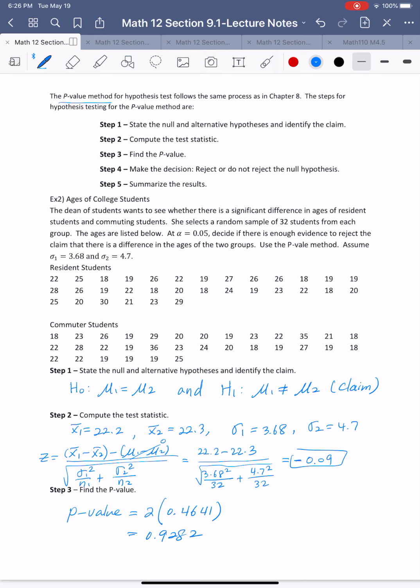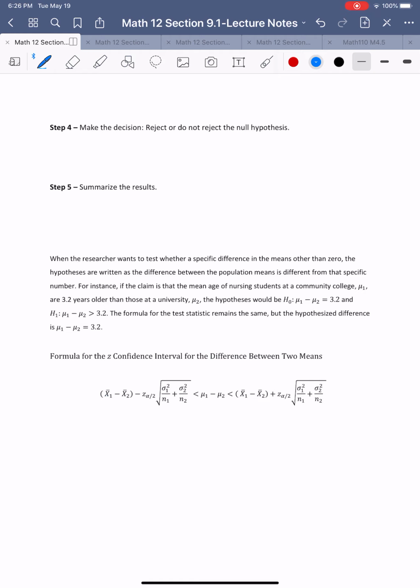Okay, and then you compare with the alpha. Alpha is 0.05, and the p-value is greater. Okay, so in this case, we do not reject the null hypothesis.